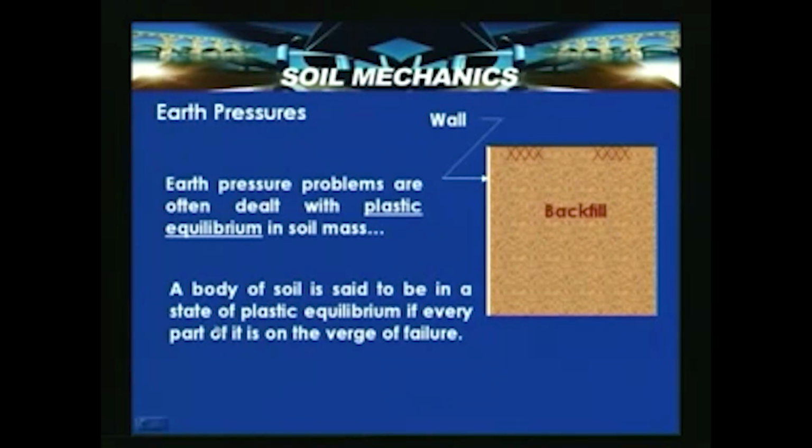A body of soil is said to be in a state of plastic equilibrium if every part of it is on the verge of failure. This can be visualized by a rigid perfectly plastic model, with a stress strain relationship that assumes the soil is rigid and perfectly plastic.